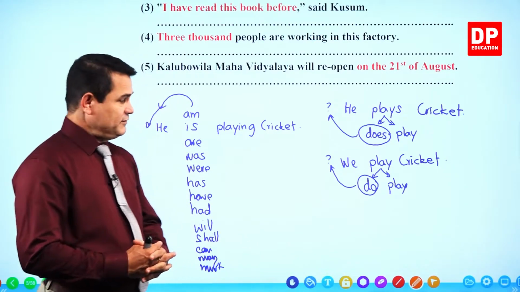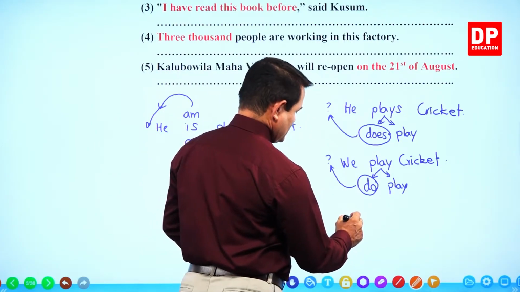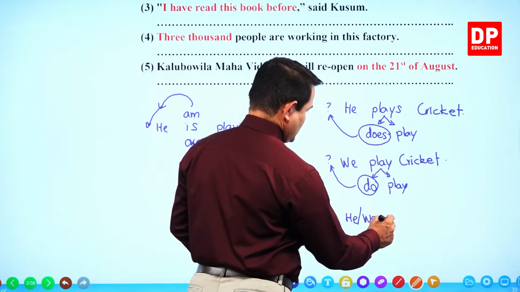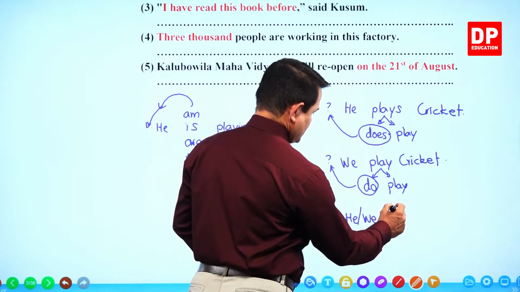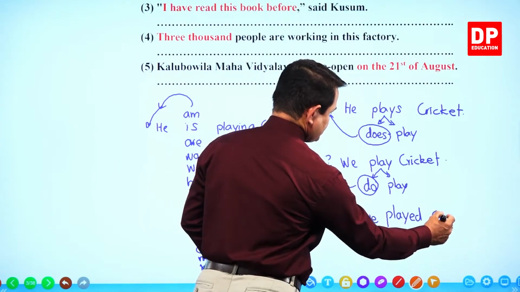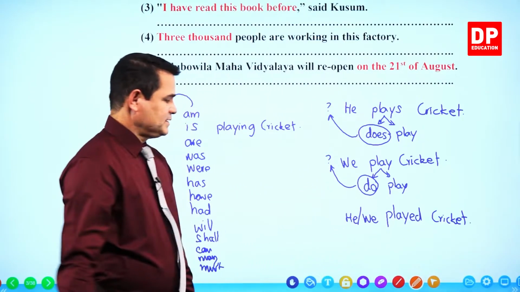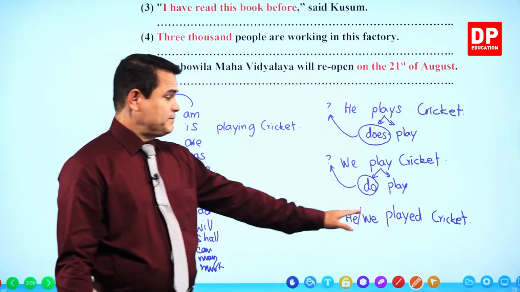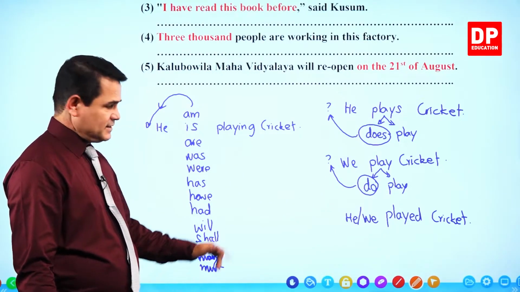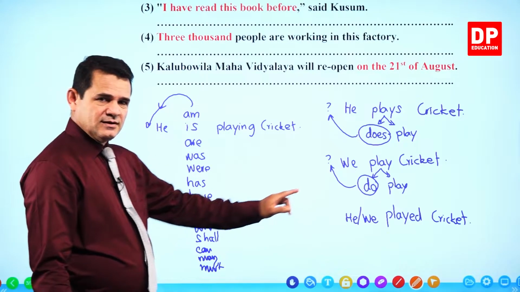And if it is past tense, it can be singular or plural. It can be he or we. We played cricket. He played cricket. Or we played cricket. So in this sentence, you don't find any of these words. එතකොට ඒකෙත් මේ කිසිම වචනයක් නැහැ. එහෙමනම් look at the verb.